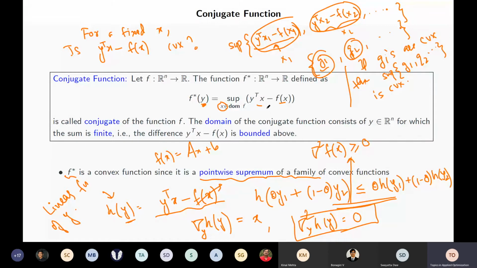So it is a supremum of linear functions, in other words a supremum of convex functions, because linear functions are convex, and the supremum of convex functions is convex. We have done something with the max before, but it's the same thing; supremum is like a max, so that can be extended to supremum also. So it is convex, and that we are sure.